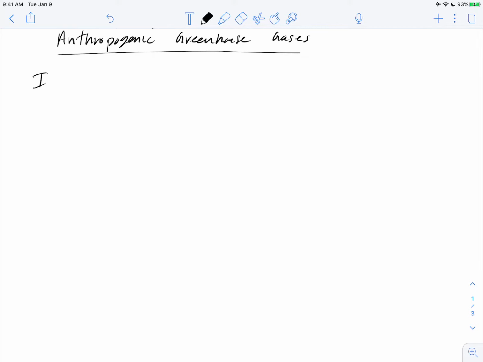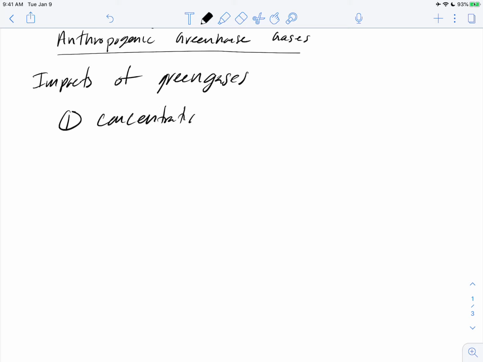of greenhouse gases, we really have a couple different things that we look at. One is concentration. So how much of this is in the atmosphere? That's big. Two, we look at its ability to absorb IR radiation.